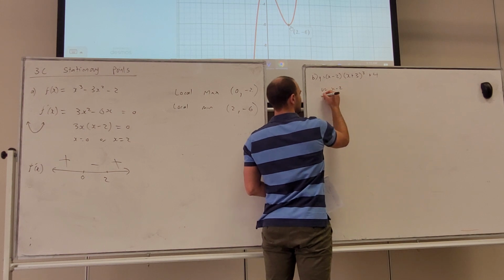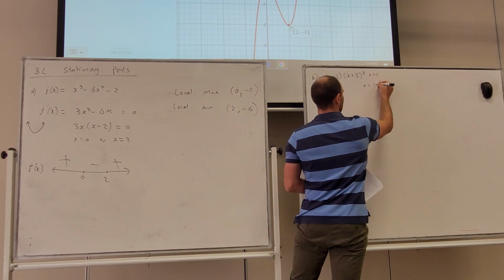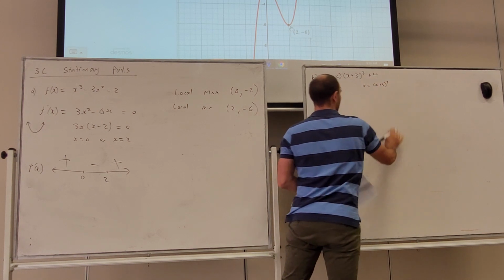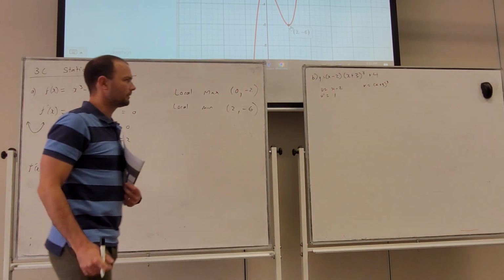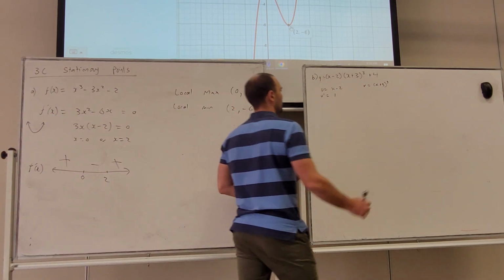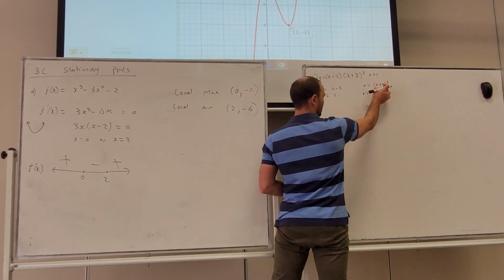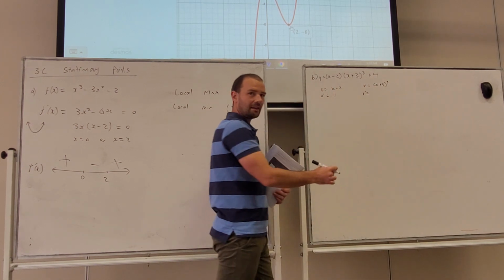So we'll have u is x take 2, u dash is 1. v is x plus 3 to the power of 3. And v dash is going to be, we're going to have to use the chain rule here. We have a function to the power of n.